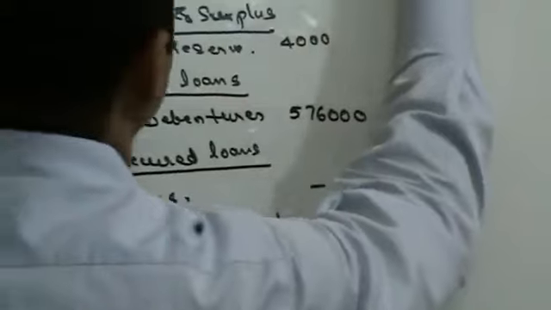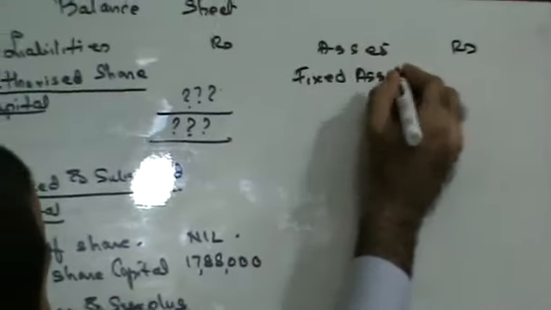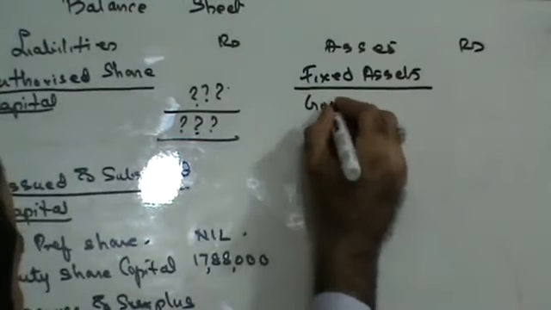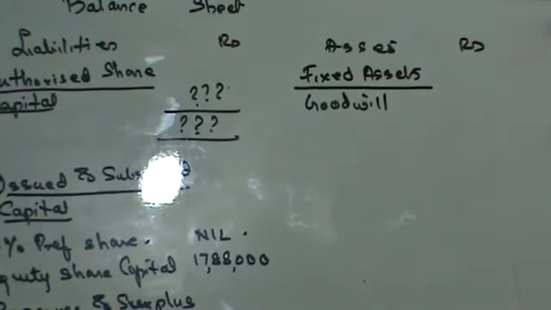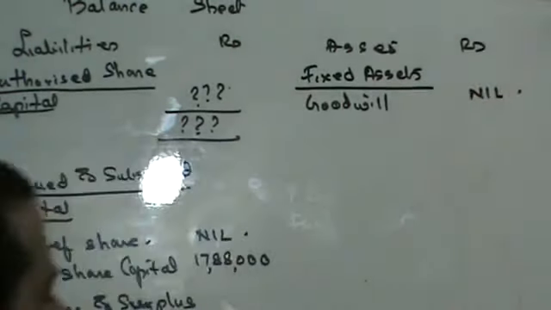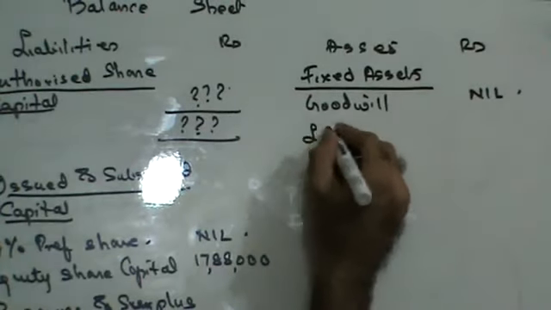Next, let's move on to the asset side. Fixed assets. Under fixed assets, you have goodwill. Goodwill is 2 lakhs, and you have goodwill on the credit side, 2 lakhs, so nil. For assets, the rule is add debit, subtract credit. Then you have land and building.